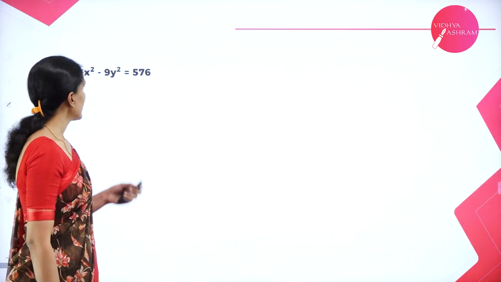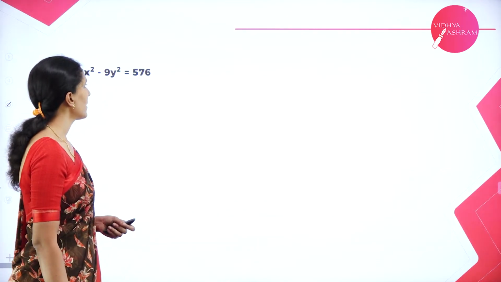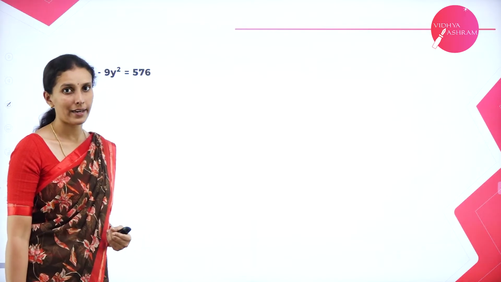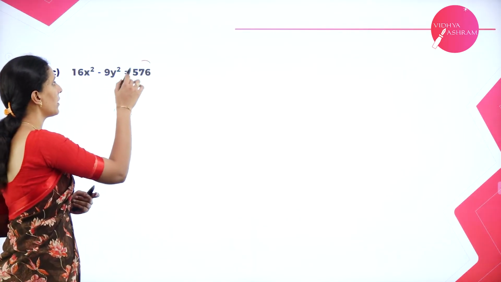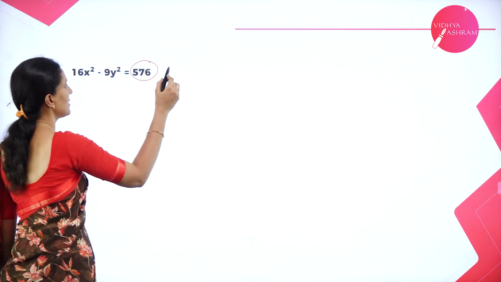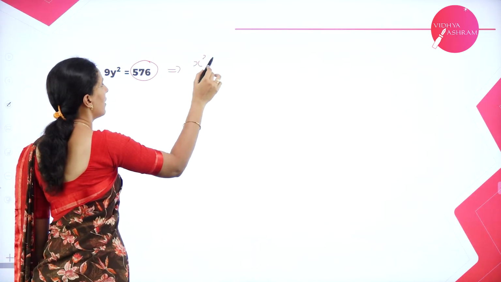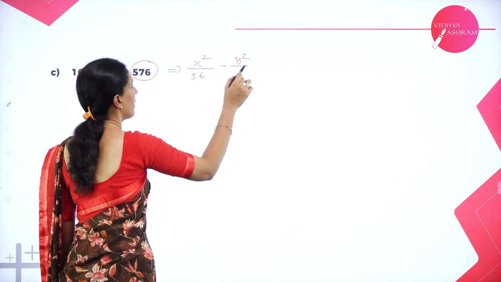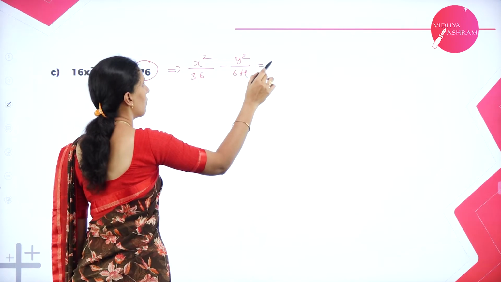Next one, it is 16x square minus 9y square is equal to 576. We need the coefficient 1 on the right hand side. So, divide throughout the equation by 576. So you will get x square divided by 36 minus y square divided by 64 is equal to 1.